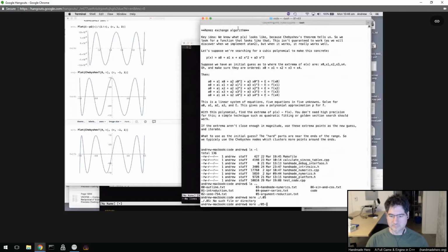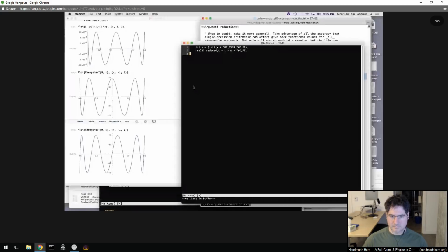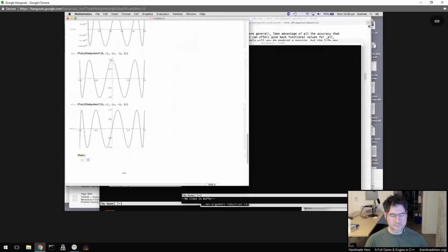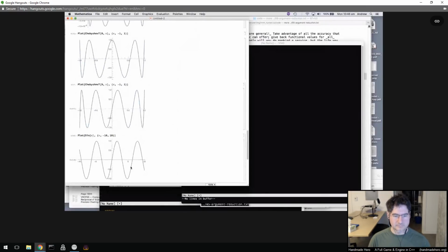Okay, so what we want to do. The sine function, you know what sine looks like. Sine x in the range -10 to 10. It looks like it repeats itself, and the period of the repeat, the distance between that and that where you get another copy of it, is 2 pi.